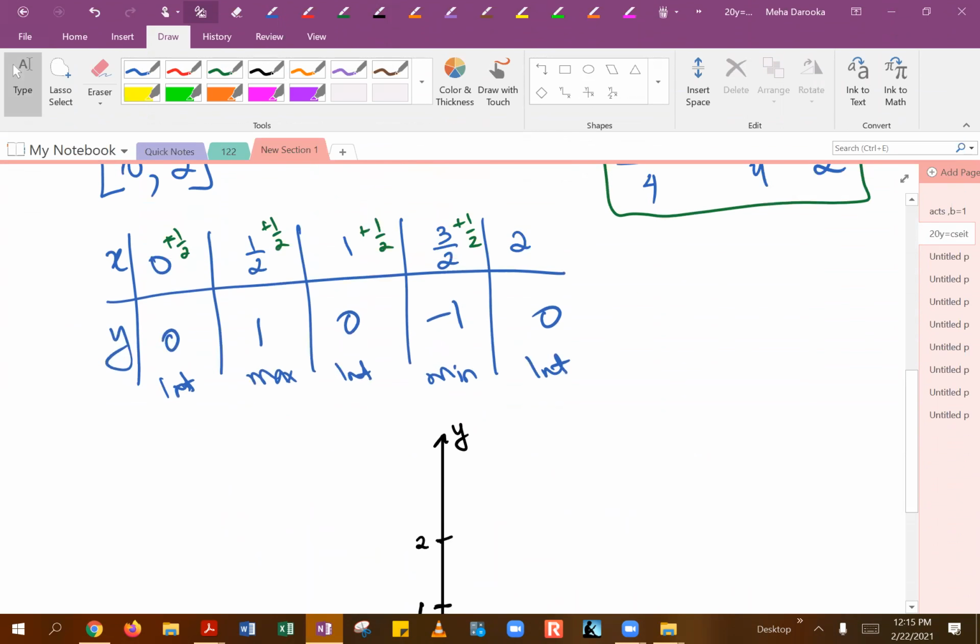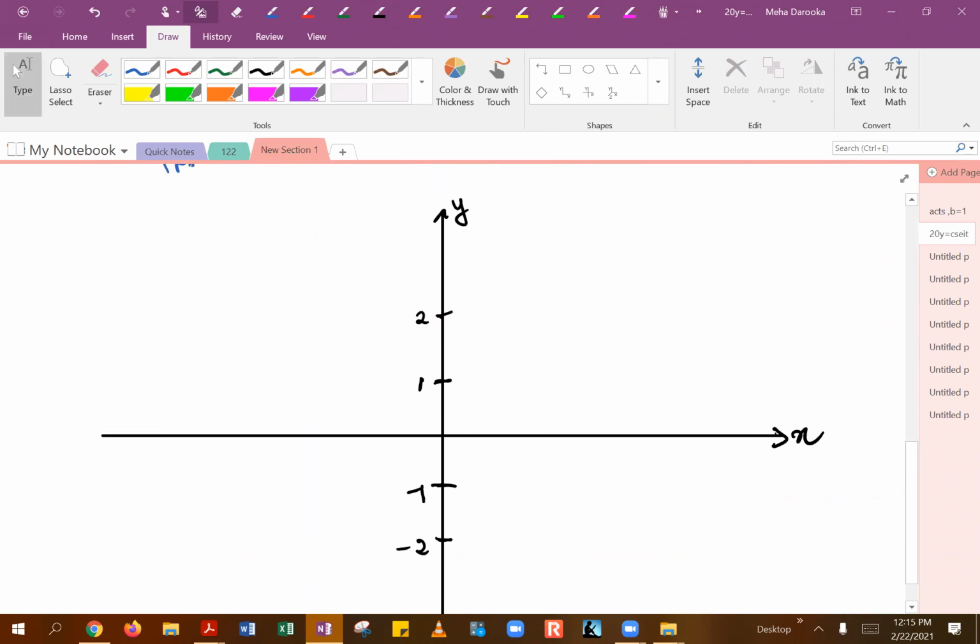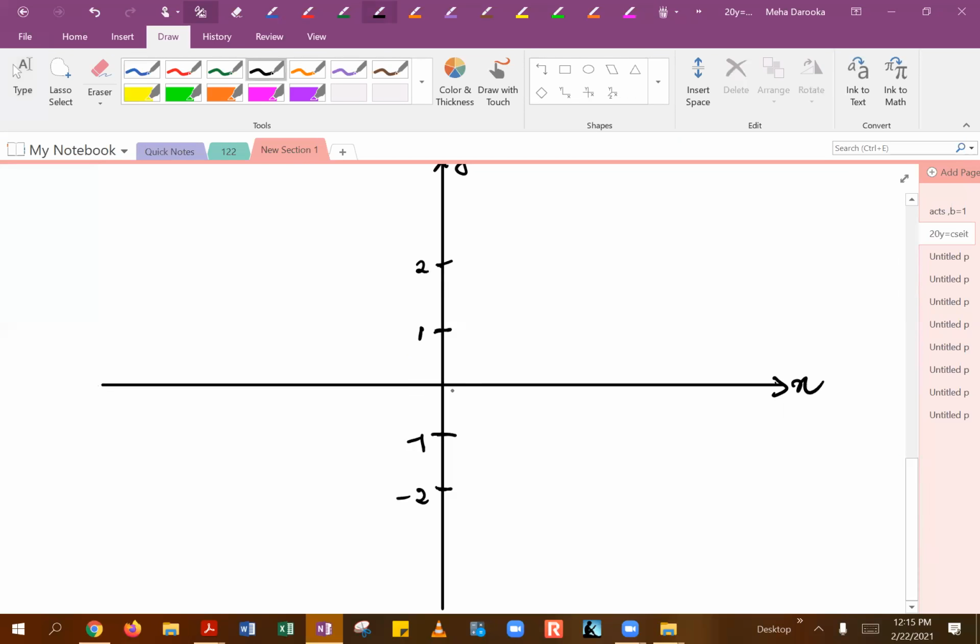Then our x-axis is going from 0, 1/2, 1, 3/2, 2. So 0 right over here. We can do 1/2, +1, 3/2, +2, and same thing on the negative side.